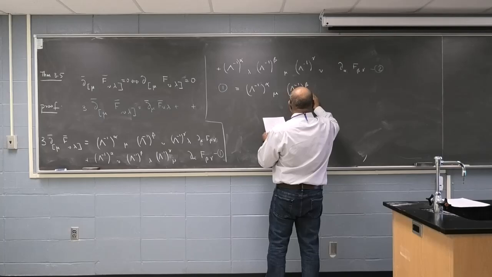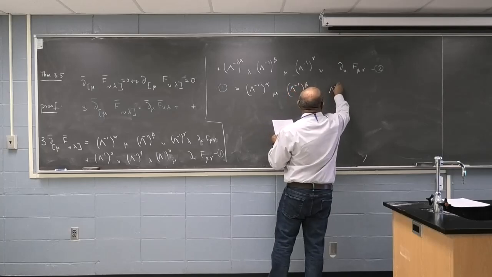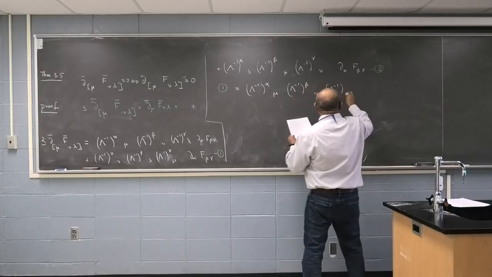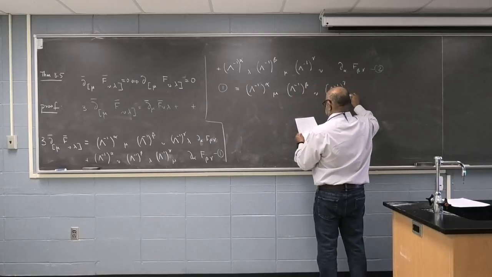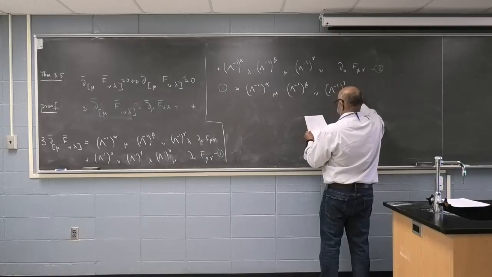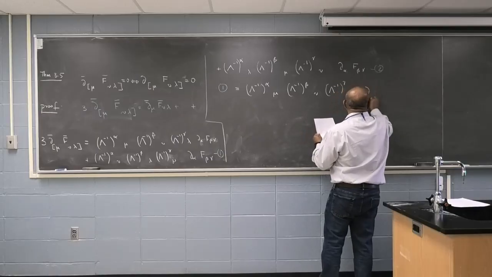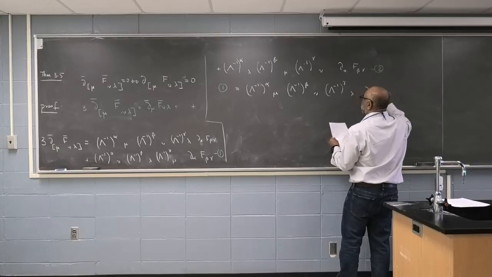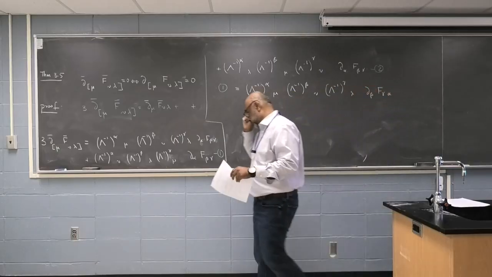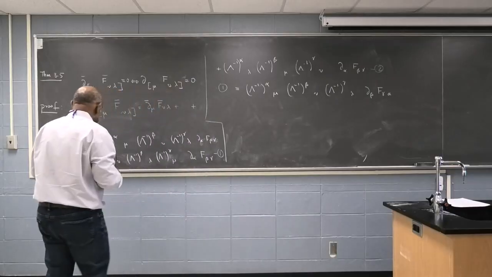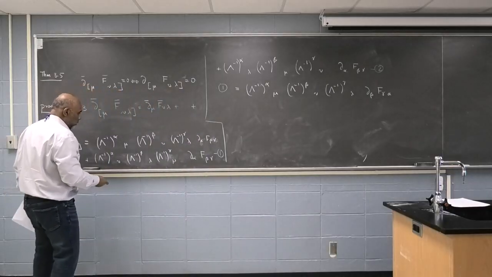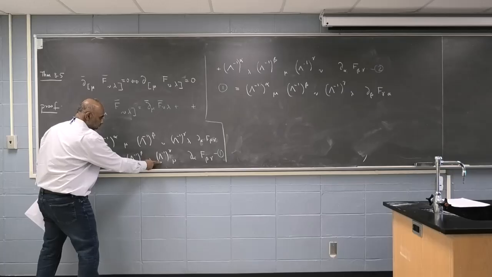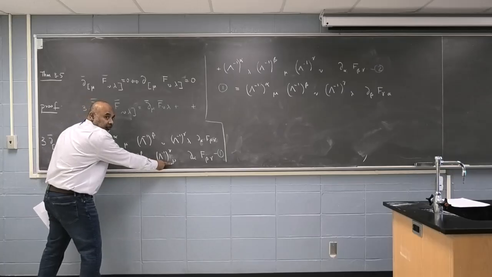Lambda inverse, I'll tell you what I've done. Or you tell me what I've done. Alpha, beta, nu, lambda inverse, gamma, lambda, d beta, f gamma alpha. What did I do? You switched this summation. So what I did was I wrote this mu as the first one.